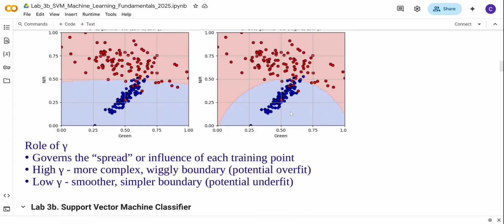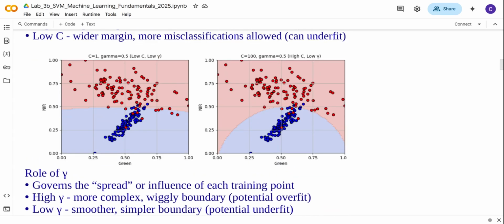Another important regularization parameter is gamma. This gamma governs or controls how much influence a training sample has on the classification. So this is also very important.